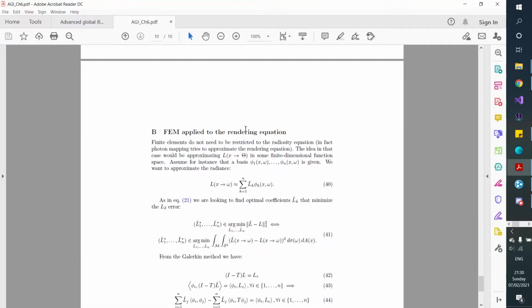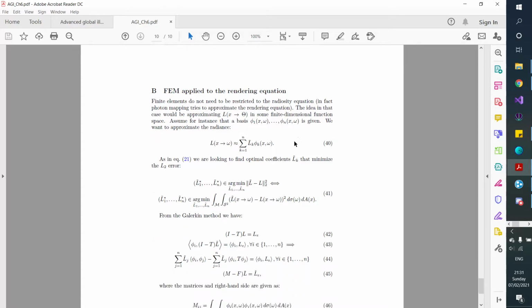Now, just to reiterate, which I guess goes further with the question that was asked in the beginning of the discussion, finite element methods do not have to be applied to the radiosity formulation. So you do not really have to assume that every surface is diffuse and that every emitter is diffuse also.